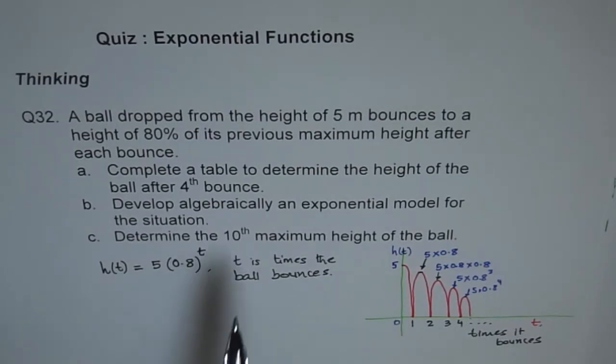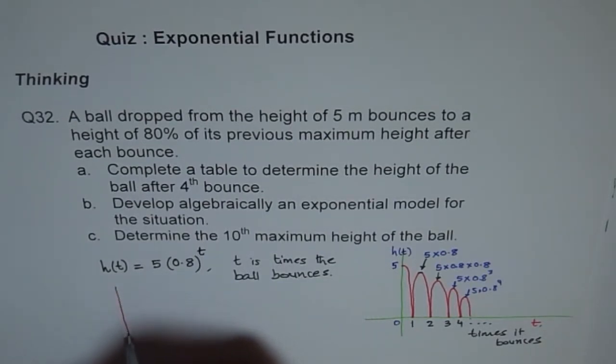Now, completing the table of values, I can always make a table here, writing t, calculating these values and putting them there. I'm leaving that for you, it was a quiz for you, and I'm giving you hints on how to solve. So you can make a table of values, for example like this.